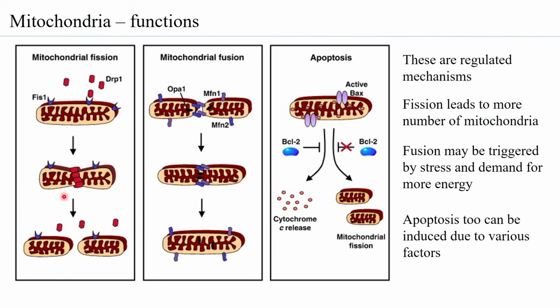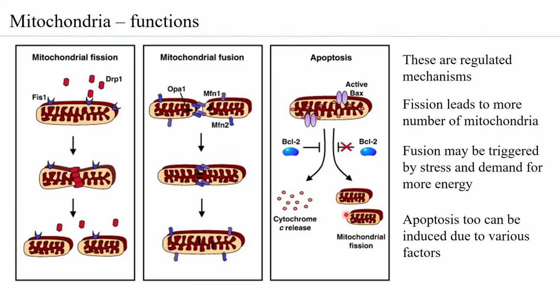As you can observe, you have the mitochondria dividing into two. So fission enables increasing the number of mitochondria inside a cell. Then you can have the other way around, that is, you can have two mitochondria fusing together to get one. The trigger for mitochondrial fusion could be certain stress conditions, also aging, senescence, all of which may lead to either fission or fusion.